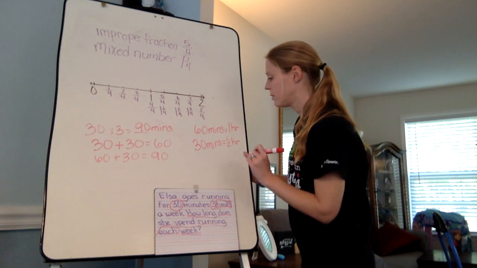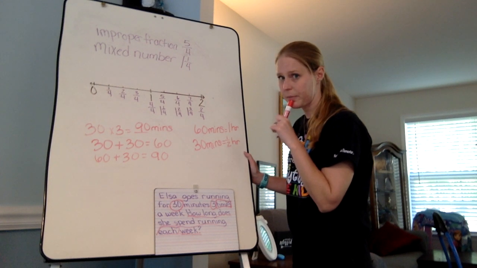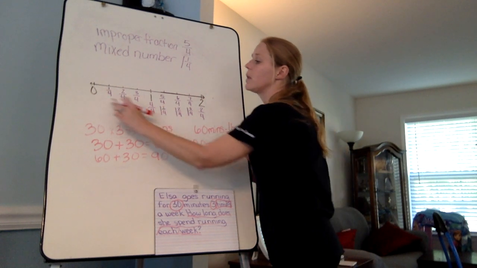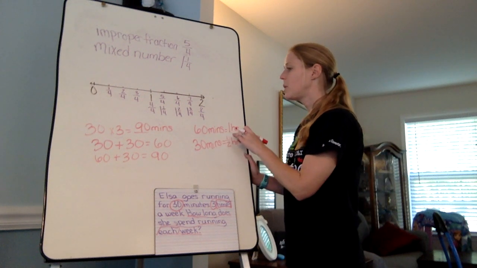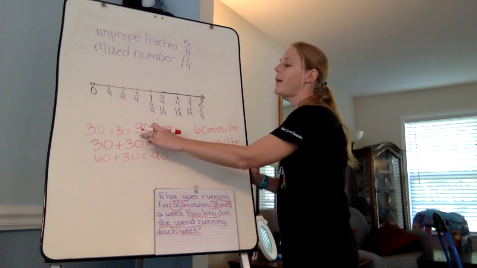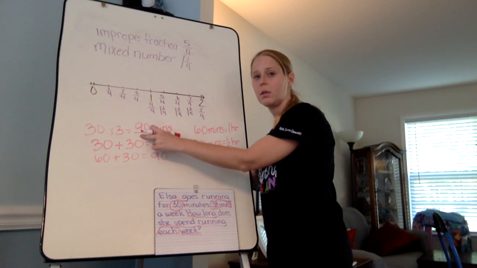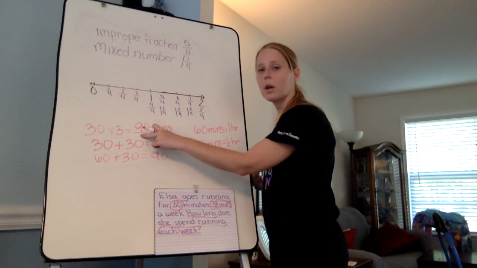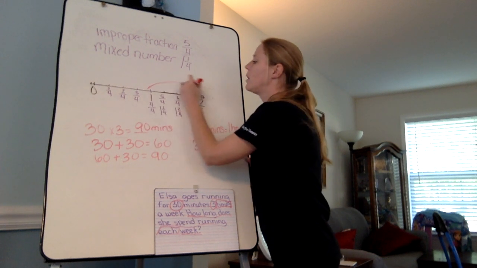And then I think we can work with this. Ready for it? I'm not going to look at this side of the number line at all because 60 minutes is an hour. Well, I know that I went 90 minutes. So I've already gone over that hour mark. So my answer is going to be somewhere in this range.